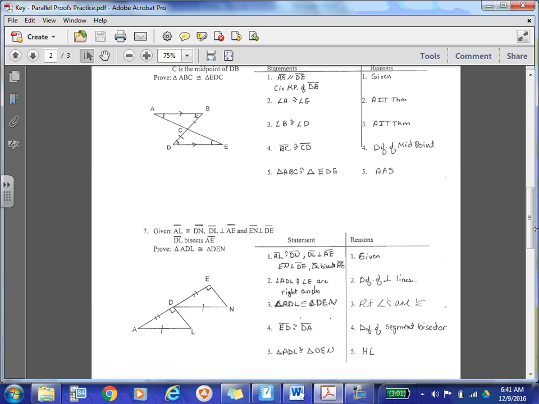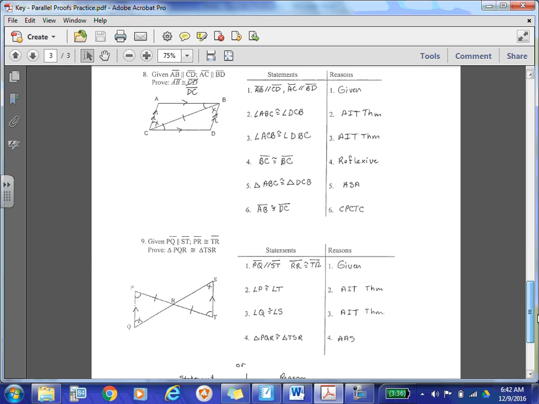Notice that with both of these particular examples, there may be other options on how to do some of these proofs. These are two different ways that you could have done number 6 and number 7. Number 6, you may have had vertical angles in that picture as well. You could have solved that with vertical angles in addition to the alternate interior angles that are up on the screen.